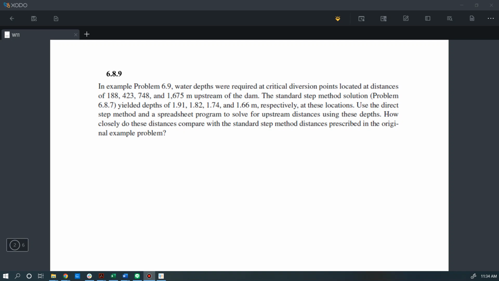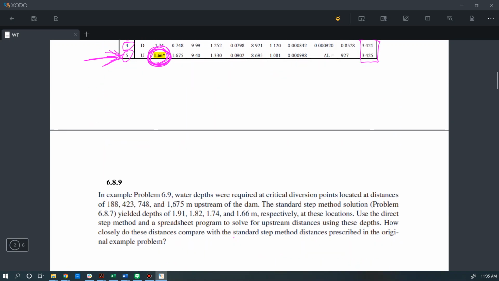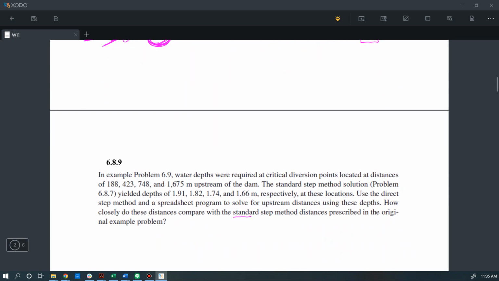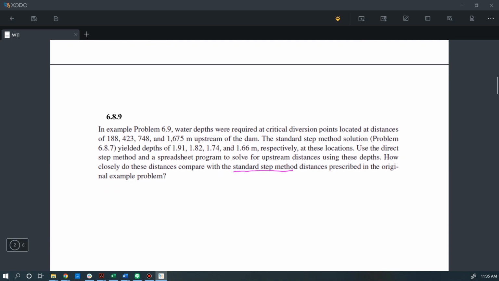In this problem, it's really similar to the previous one. However, this time we are using the standard step method to solve the location given the water depth in the cross section.